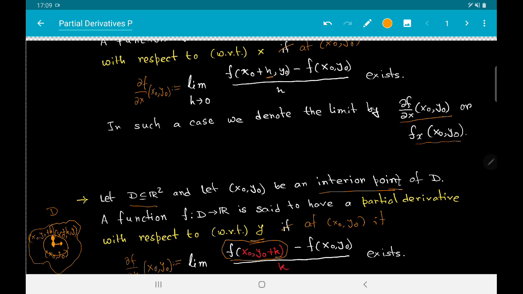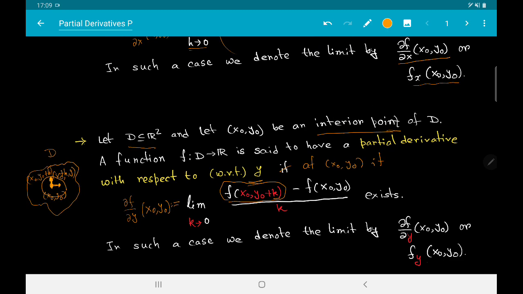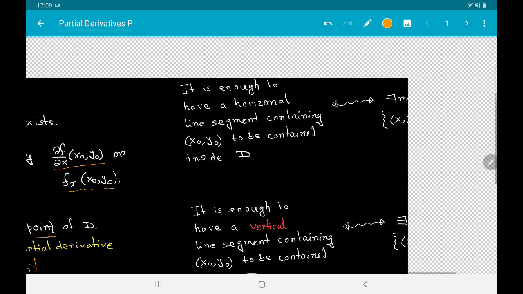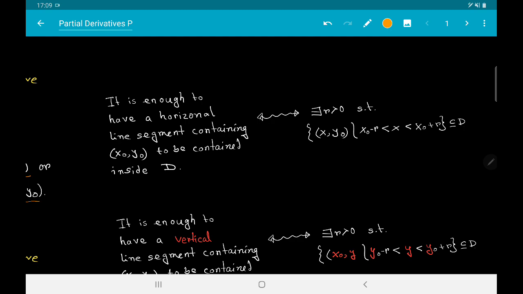And similarly, when we are considering this limit as h tending to 0, all we need is a small part of a horizontal line which should be contained inside our region D. So this is what I have written in the remark here. We do not really need the point x0, y0 to be an interior point. It is enough to have a horizontal line segment containing x0, y0 to be contained inside D.